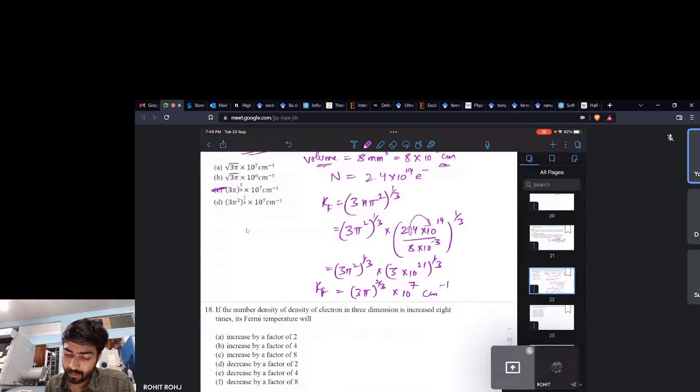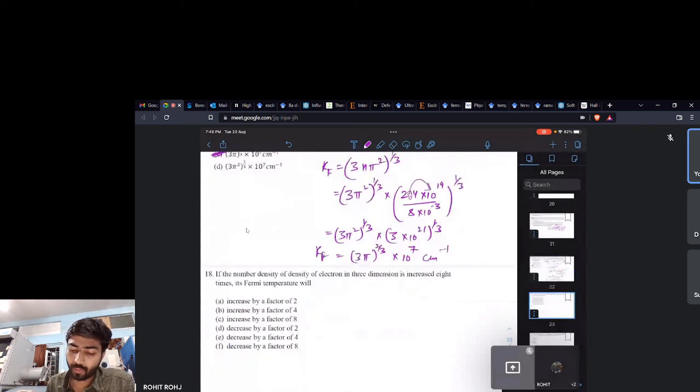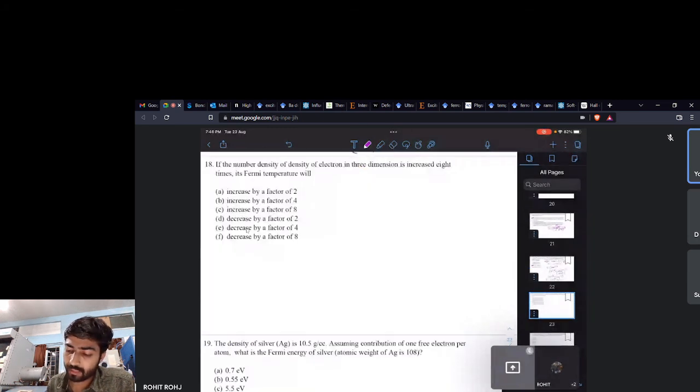Alright, then we have question 18, which says if the number density of electrons in 3 dimensions is increased 8 times, if n is increased 8 times.